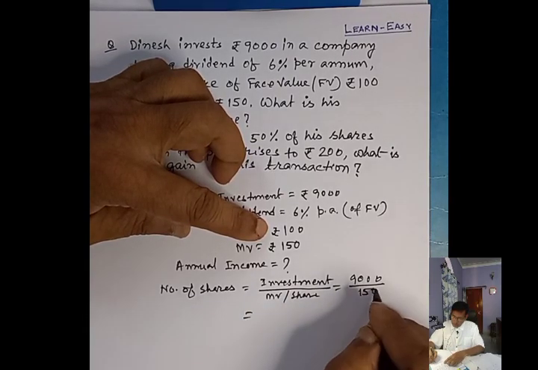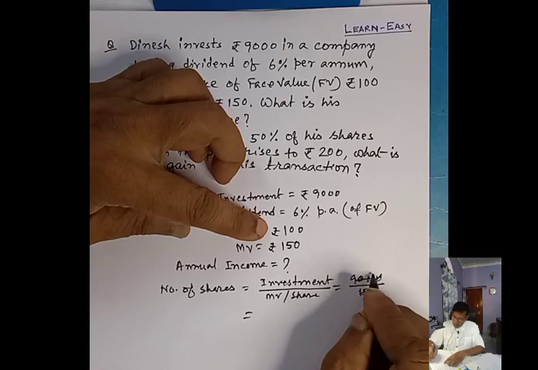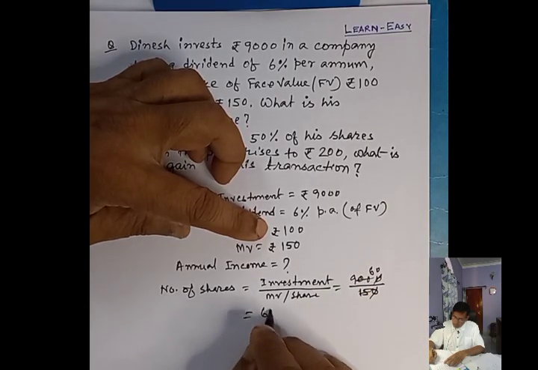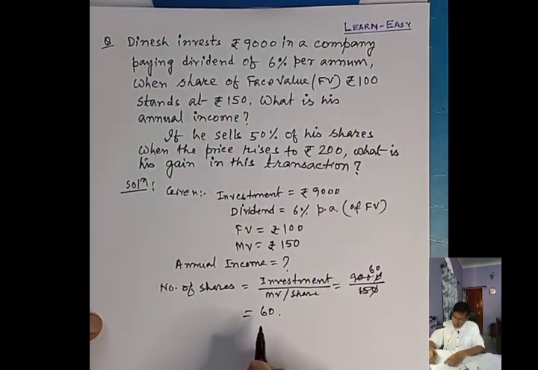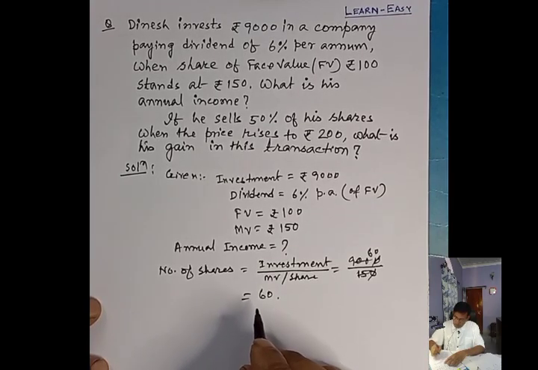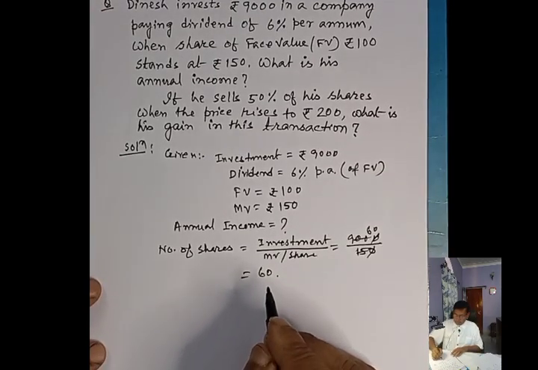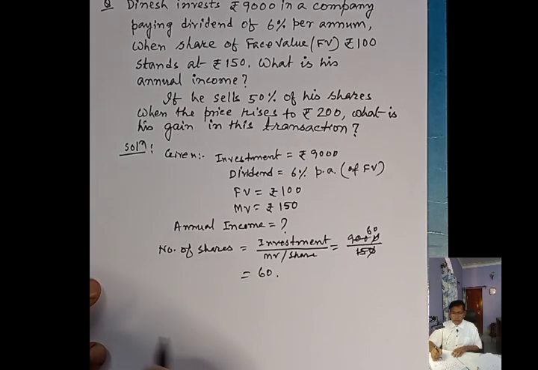It comes 60. So, number of shares is 60. Now, annual income per share is 6% of face value, it is given.